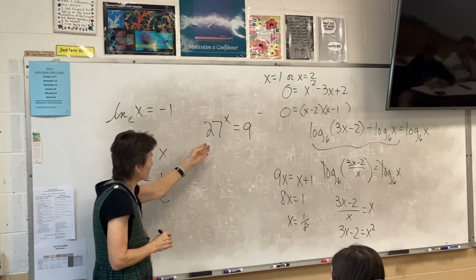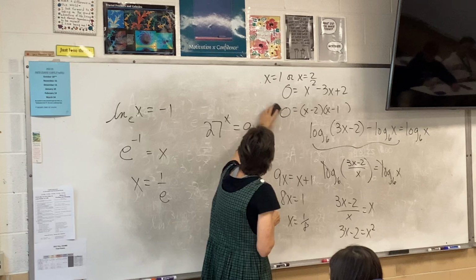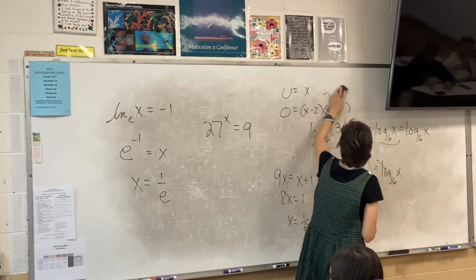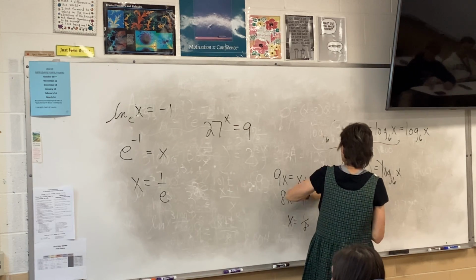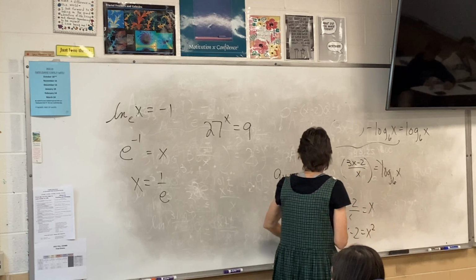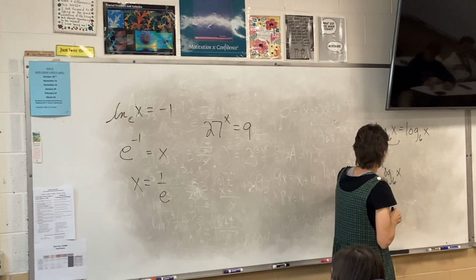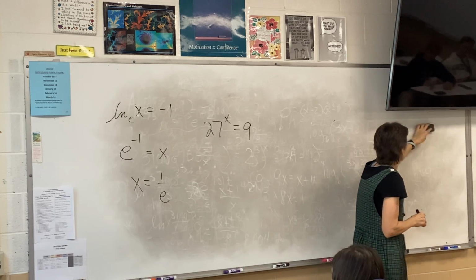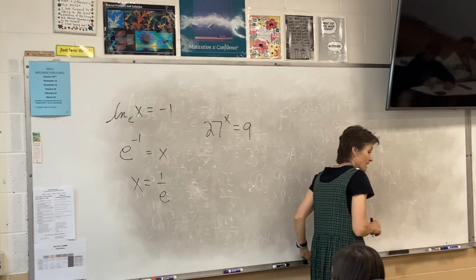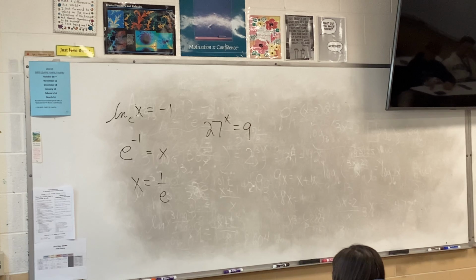Okay, what about this guy? Now remember, this is a no calculator problem. So anything that's no calculator has to be sort of rigged. Are 27 and 9 special in any way? They're both, what did you say, Scout?